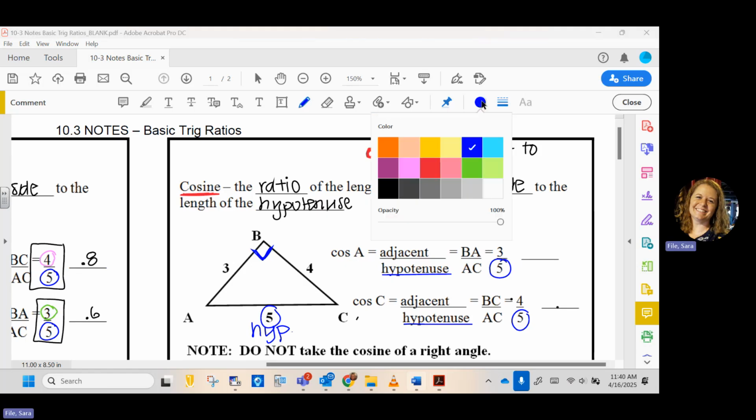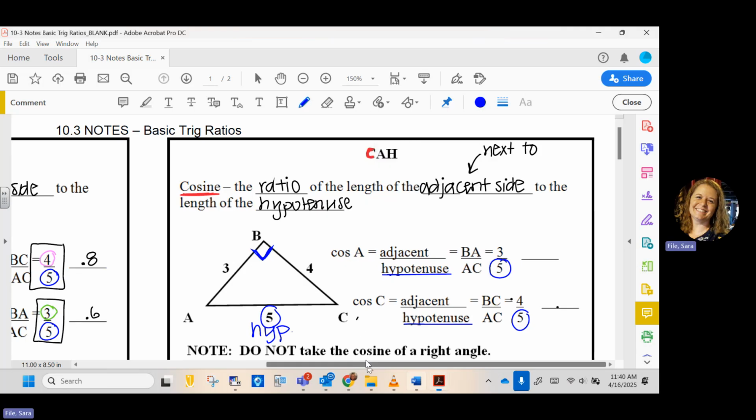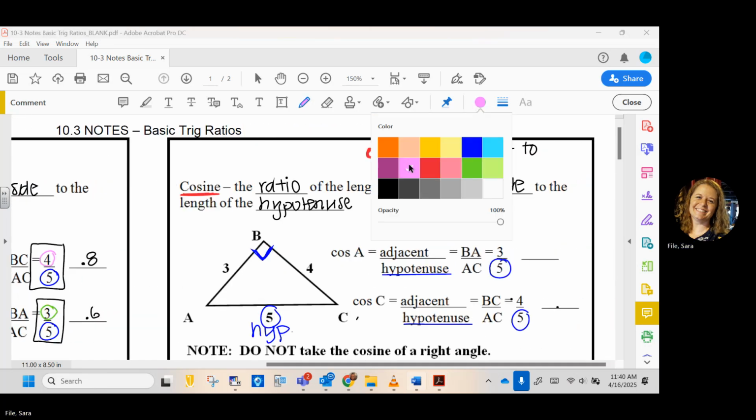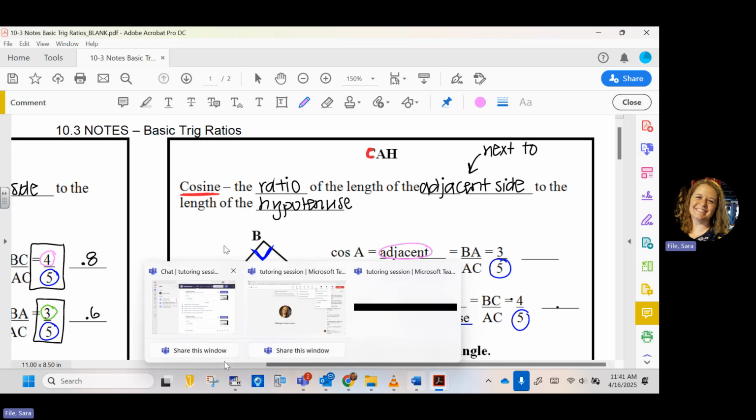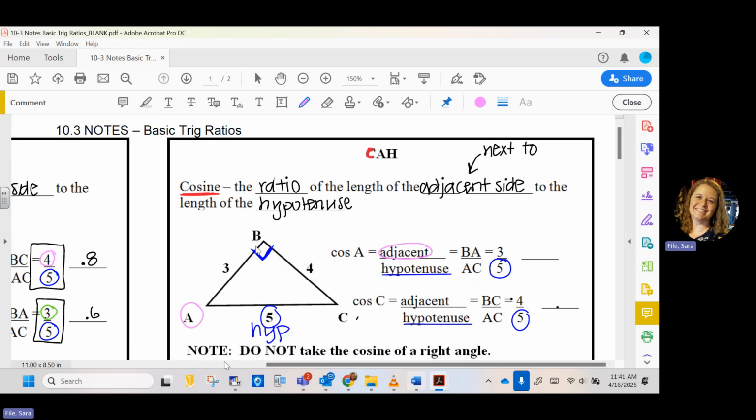Okay, now this time when I measure from angle A, I want to know what's adjacent to it. Adjacent means next to. So A is where the hypotenuse, which is 5, and this leg, which is 3, meet. So this is next to, adjacent to leg 3.